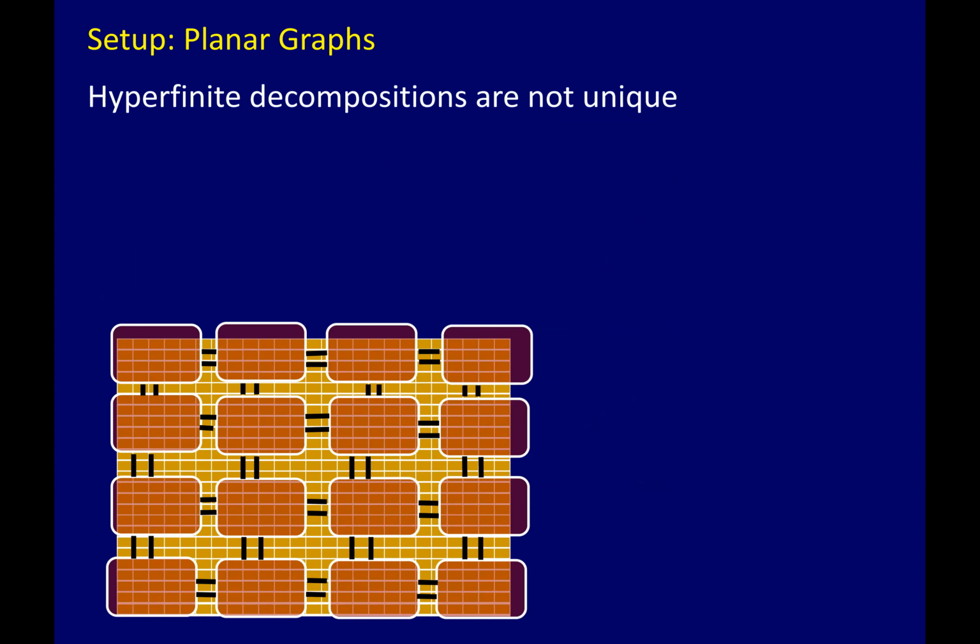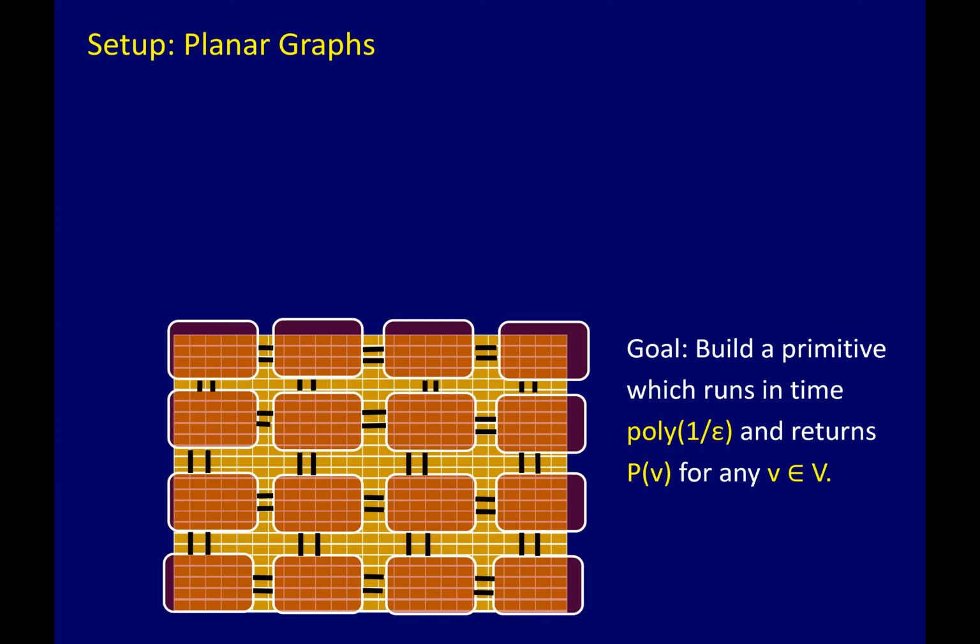Now with this out of the way, let me describe the problem that I'd like to consider in today's talk. I would like you to build for me a primitive which takes a vertex v as input, runs in time just polynomial in 1/epsilon, and returns, with respect to some fixed hyperfinite decomposition, the hyperfinite piece P(v) that contains the vertex v.